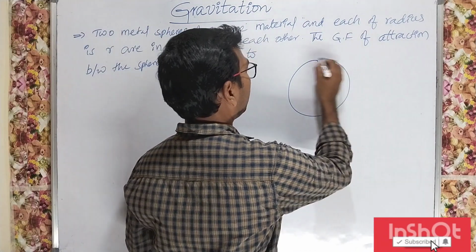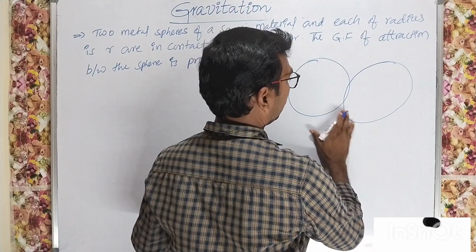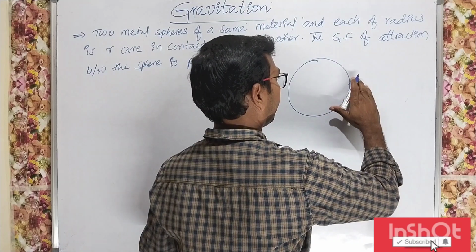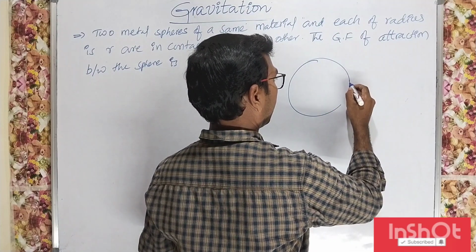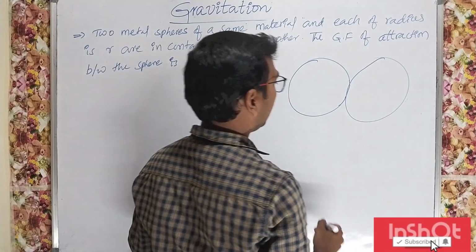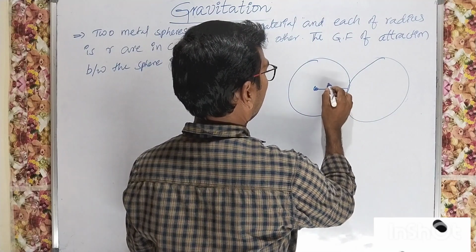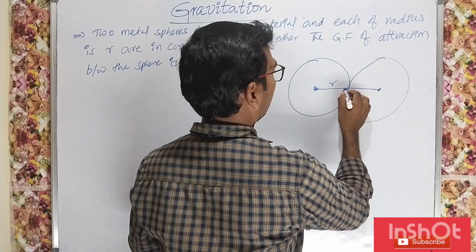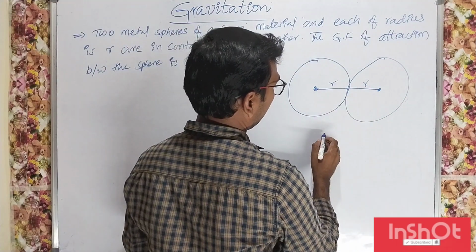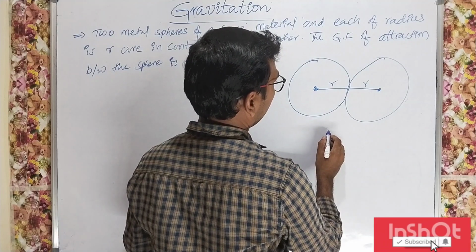This is one metal sphere and this is another, both in contact, and each has radius r. So the total distance between centers is 2r.